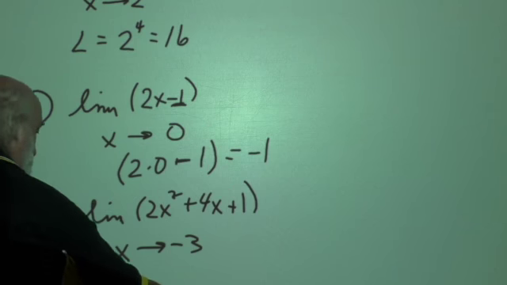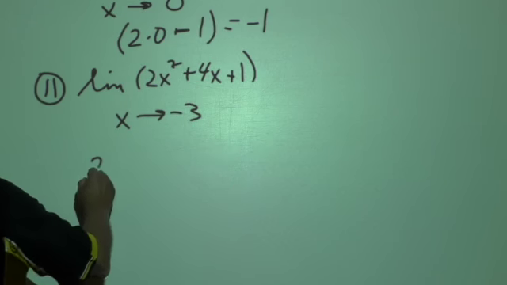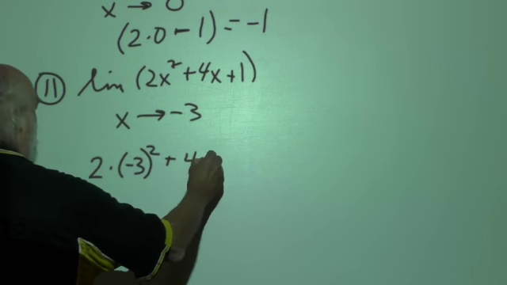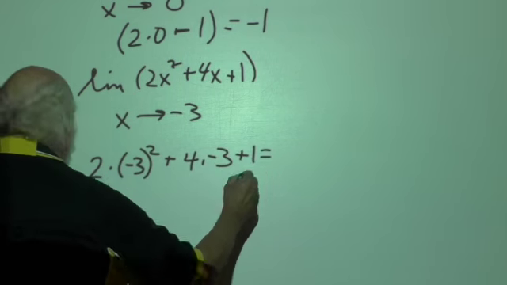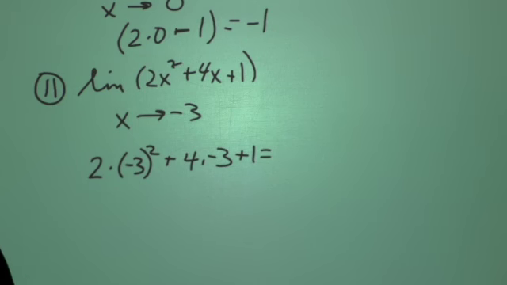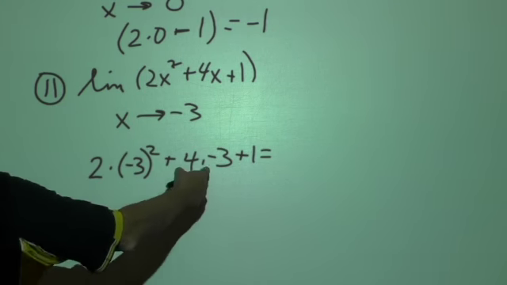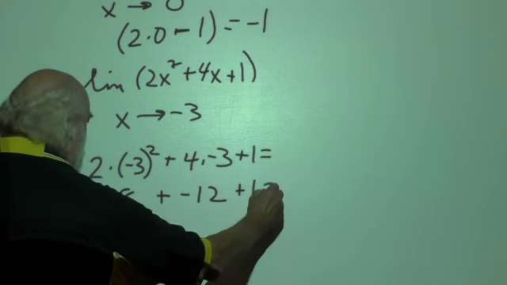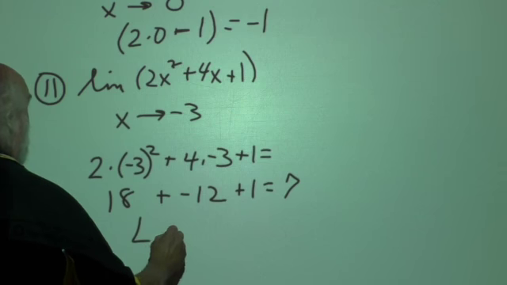So, plug in the negative 3, you get 2 times negative 3 squared, plus 4 times negative 3, plus 1, and that is going to give you, well, this is 18, this is negative 12, and this is 1, so that's going to give you an answer of 7, so the limit equals 7.